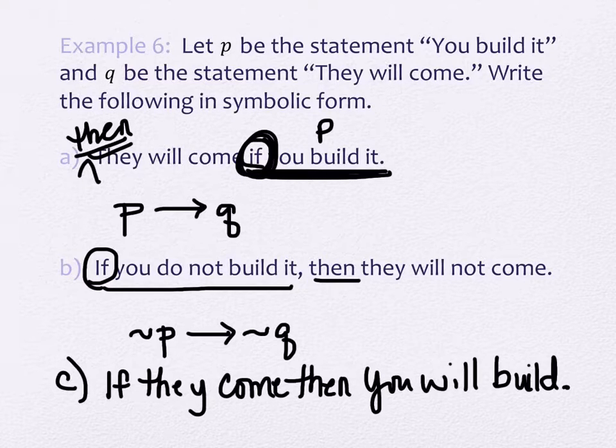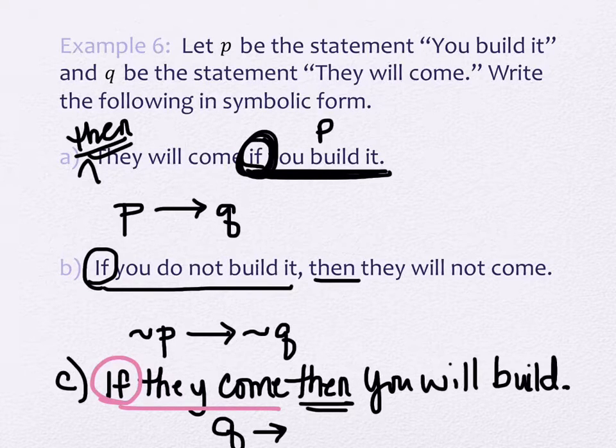My concern is where the word if is. If in this one is actually associated with they will come. Okay, if they come. Well, what's they come? That's Q. Then you will build it. It's P. The hypothesis is simply what's grouped with the word if, and it comes first, no matter where it shows up in the sentence.